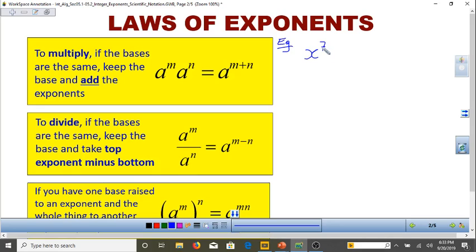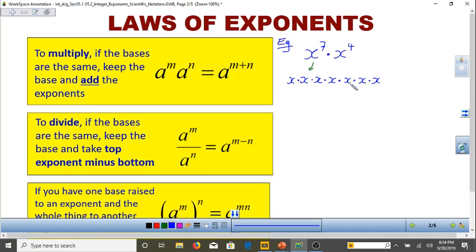Let's say I multiply x to the 7 by x to the power 4. Really what we're saying here with x to the 7 is that we have 7 x's multiplied together: x times x times x times x times x times x times x.